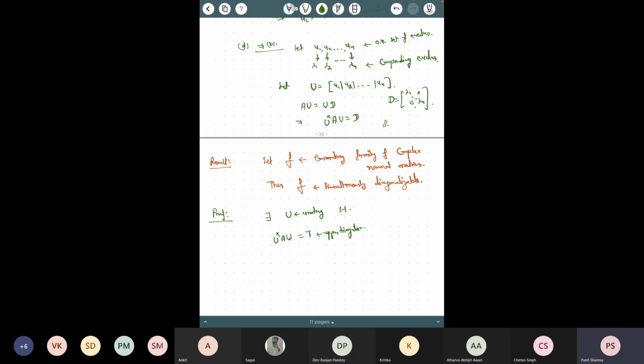or maybe I should not write T. What I'm saying is that U star AU is upper triangular for every A in this family. Okay, fine. So that means U star AU is equal to some triangular matrix T. Now, what can we say from here?